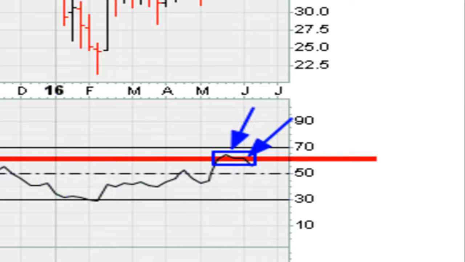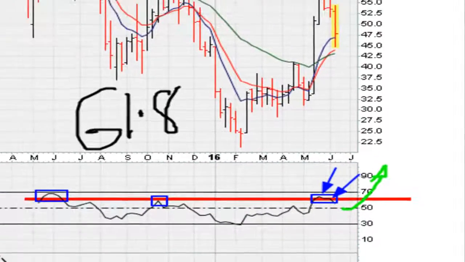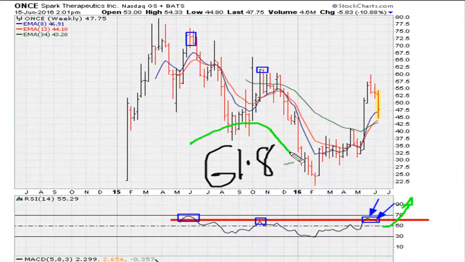We see the stock is now on a pullback mode. At some point in the future, what you'd like to see is the stock move above that red line, or move above 61.8 on its weekly, which is when maybe it might finally have enough momentum to move to the upside.